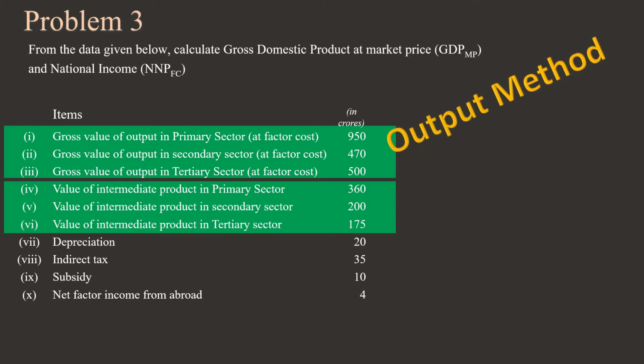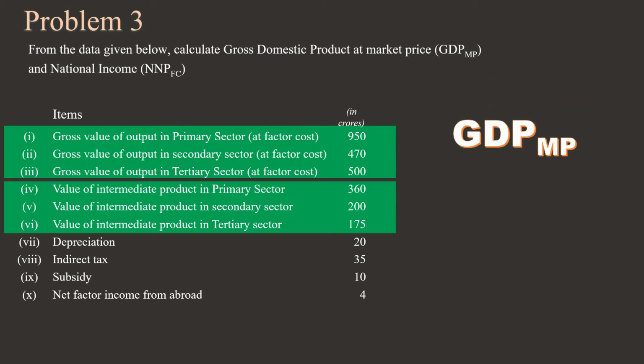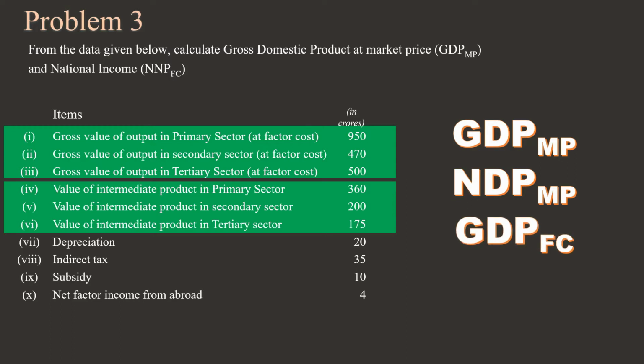We have already seen that by using the output method, the first value you can calculate may be GDP at market price, or NDP at market price, or GDP at factor cost, or NDP at factor cost. Which value you shall estimate also depends on the items given in the problem.